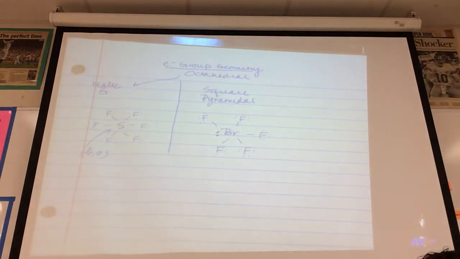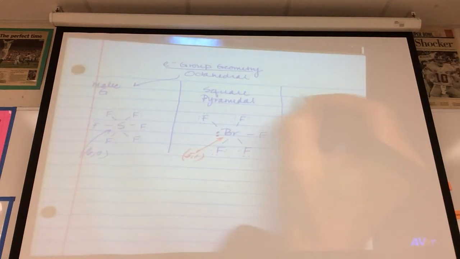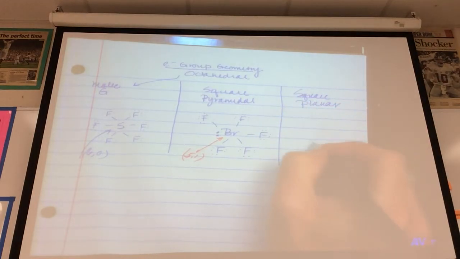5 atoms attached, 1 lone pair, again 6 electron groups. And then last but not least is the square planar, and you'll see the designs in just a second now. And this is going to be xenon tetrafluoride. You got it.